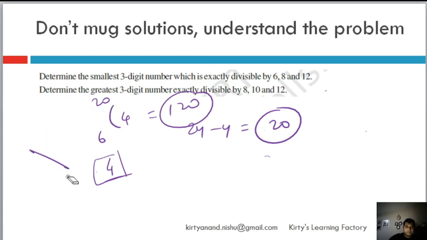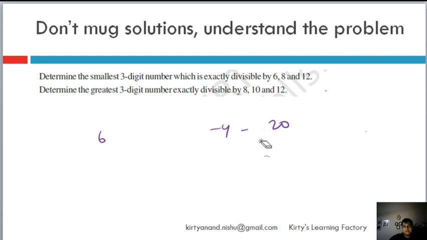So I hope it is clear. Now, okay, so similarly I have already discussed here. So 8, 10 and 12. So same question I just discussed, that find out the greatest 2 digit, okay? And here they are asking to determine the greatest 3 digit number exactly divisible by 8, 10 and 12.